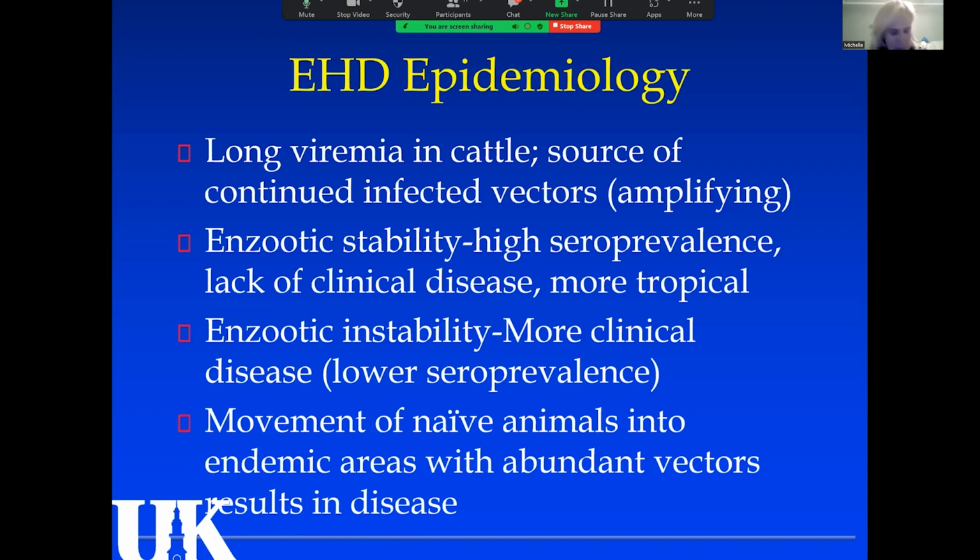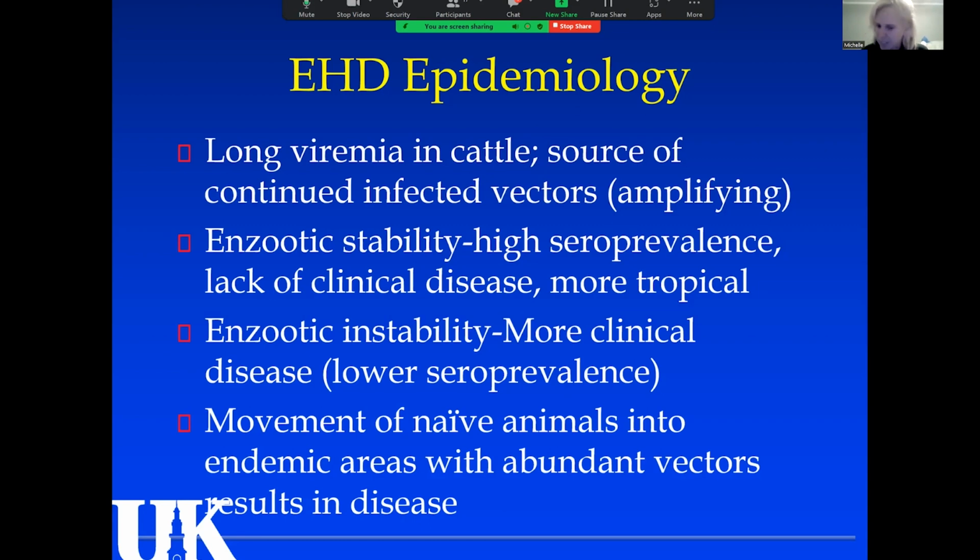So anytime a midge bites that animal during the period when it's viremic, that midge is infected and can go bite somebody else, a naive host. So cattle are considered an amplifying host, in that they can really make the disease worse because of that long viremia. A couple of things: the stability, that enzootic stability.